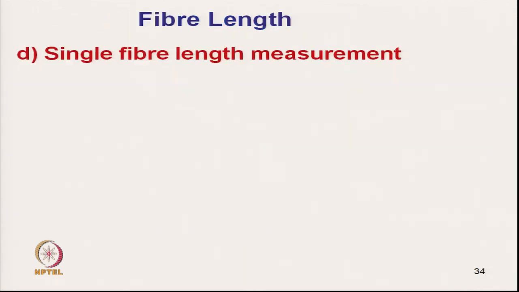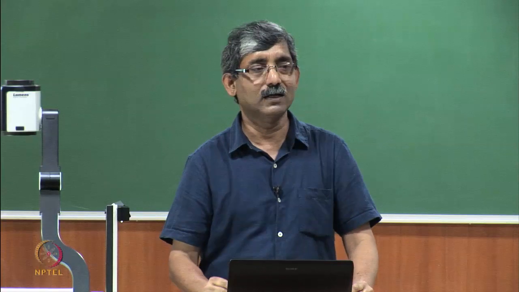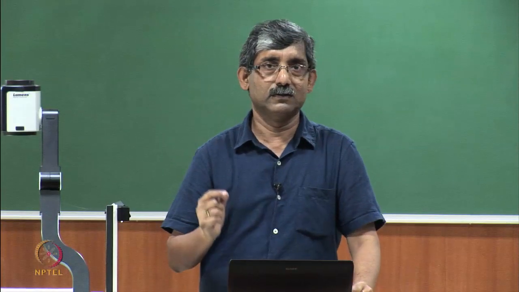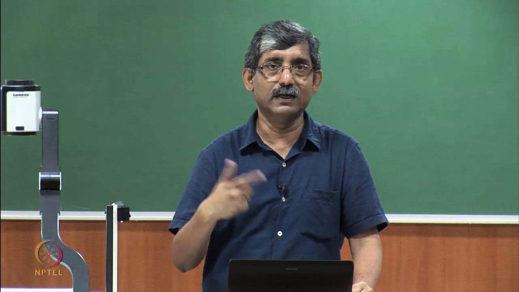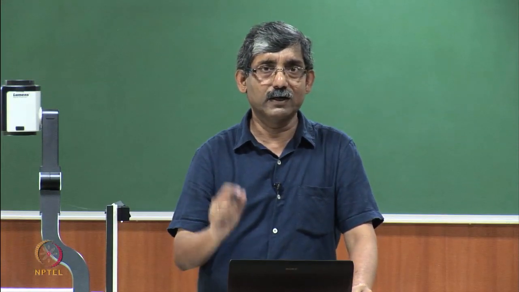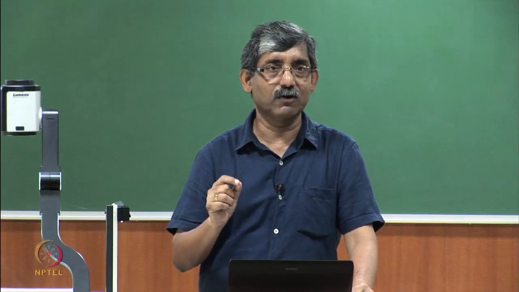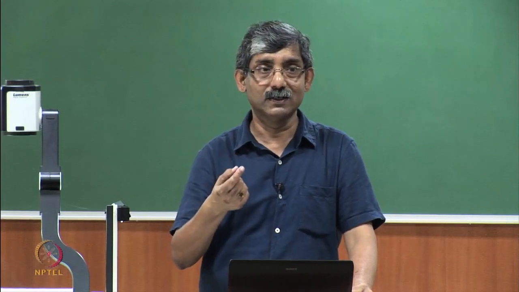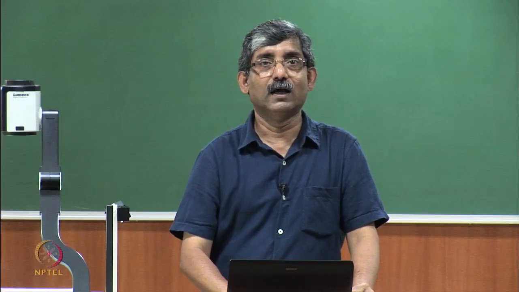Next is single fiber length measurement. Single fiber length measurement is normally not done in our industry, because it is time consuming, but for specific research or for specific defect analysis we can always do it. Okay.